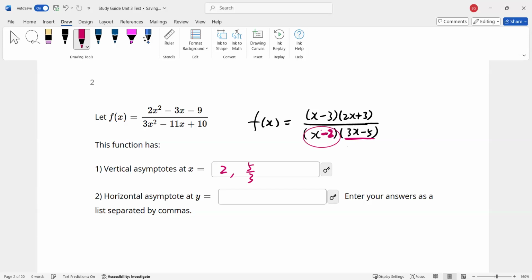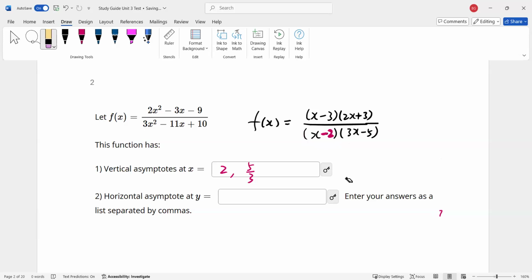And 5/3 will make this be 0. Well, this just takes a little effort. Make 3x minus 5 equals 0, plus 5 plus 5, we have 3x equals 5, divided by 3, we have x equals 5/3. So the function has two vertical asymptotes, x equals 2 and x equals 5/3. All right.